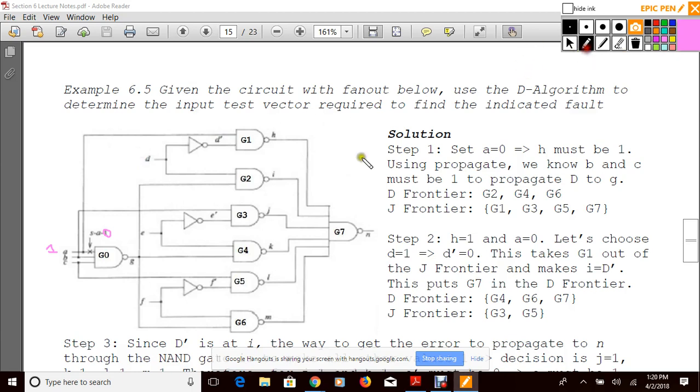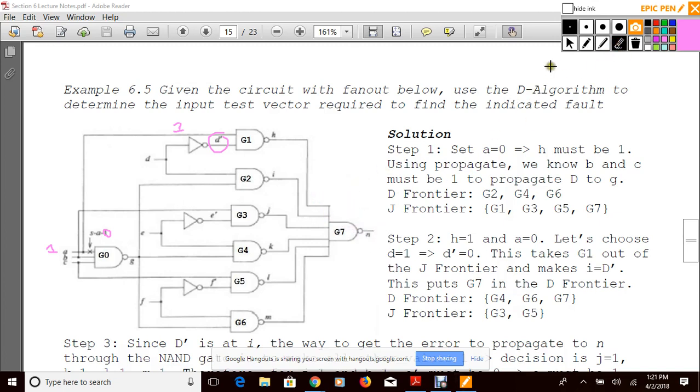All right, so 1 goes here. Right there, right? So then the value of D bar is going to be propagated through here. I do not want 0 here. Does that make sense? If I don't get 0 there, then it's automatically going to control it, and I cannot do that.